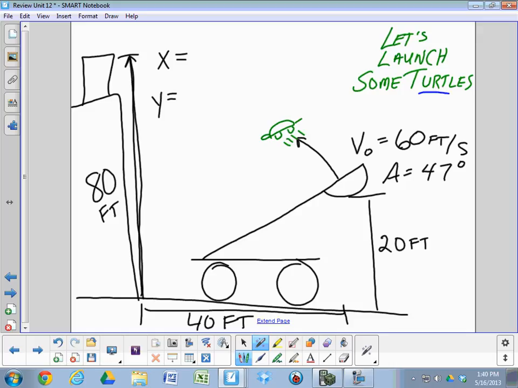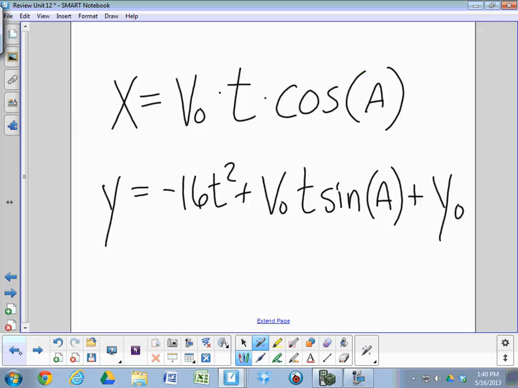All right, so yes. Come up with the formula.